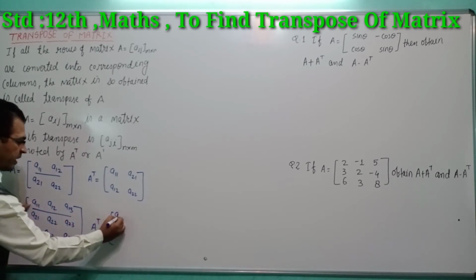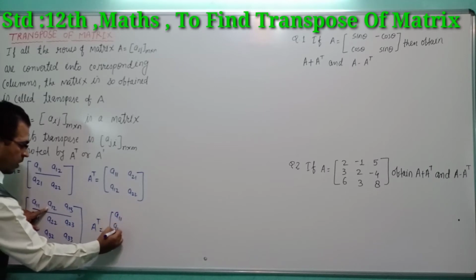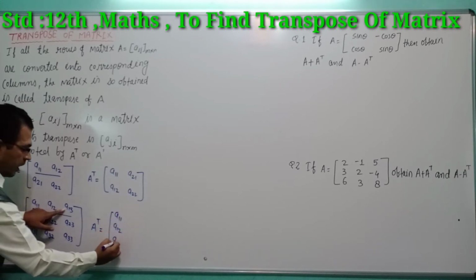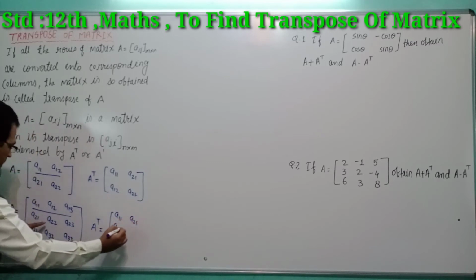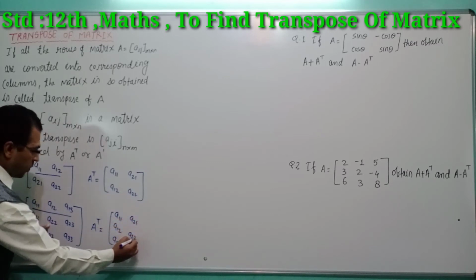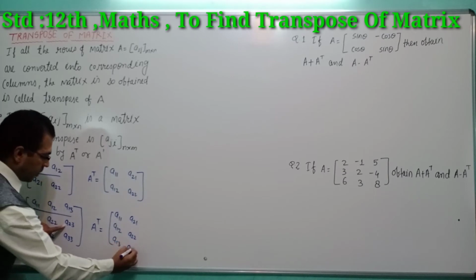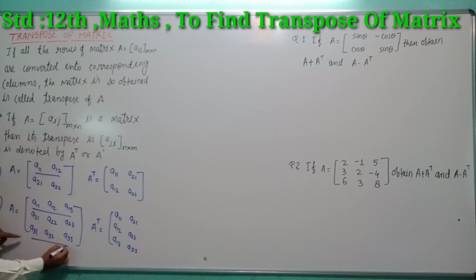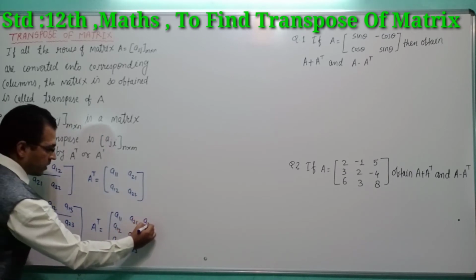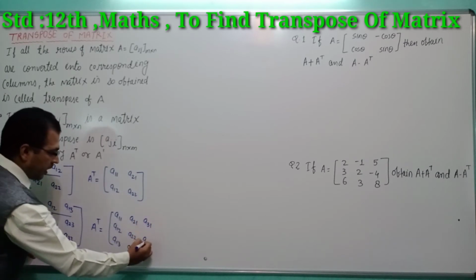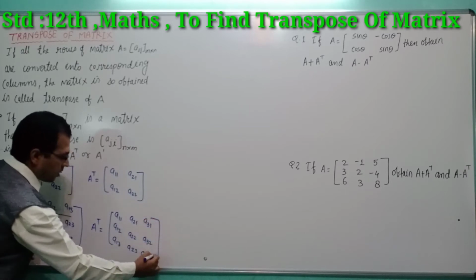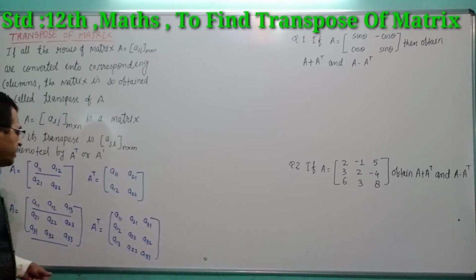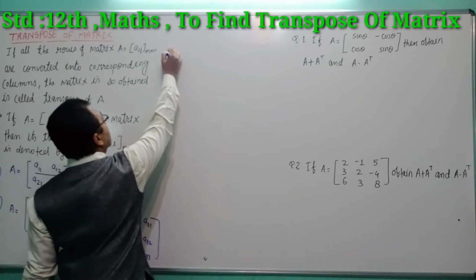So here you can write A11, A12, A13, and A21, A22, A23, and finally A31, A32, A33. Understood? Similarly students, let us see another example over here.